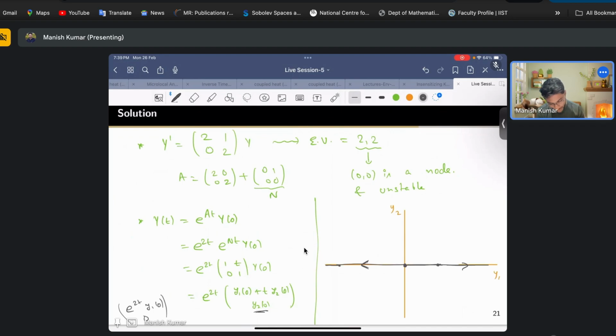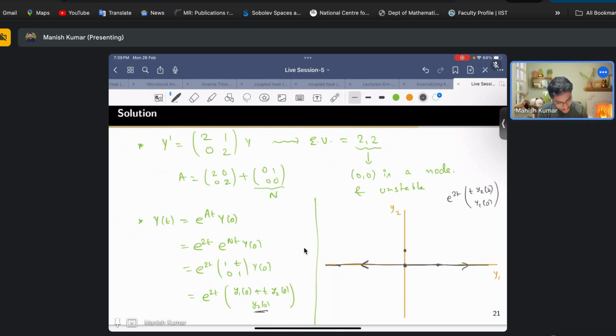Now let us see. If you choose some point from here, that means y10 is 0, so you have e^(2t) times (y10 which is 0, plus t y20) and y20.